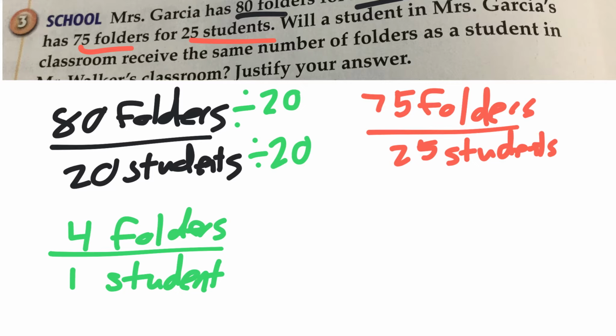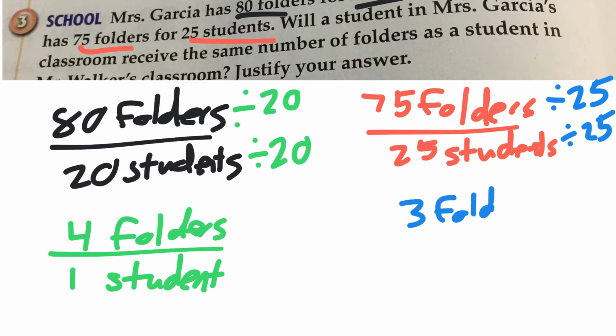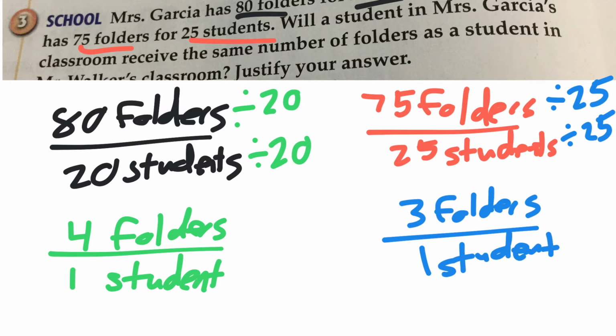Can they both be divided by 25? Yes, they can. So we divide by 25. 75 divided by 25 is 3 folders, and 25 divided by 25 is 1 student. So in Mr. Walker's, every student's going to get 3 folders, whereas in Miss Garcia's, they're going to get 4.